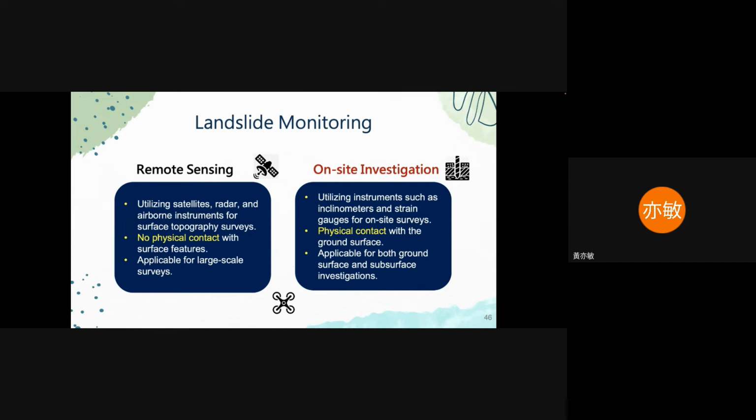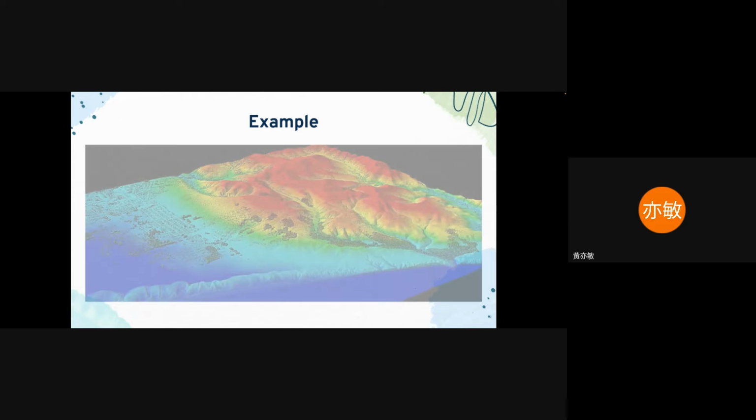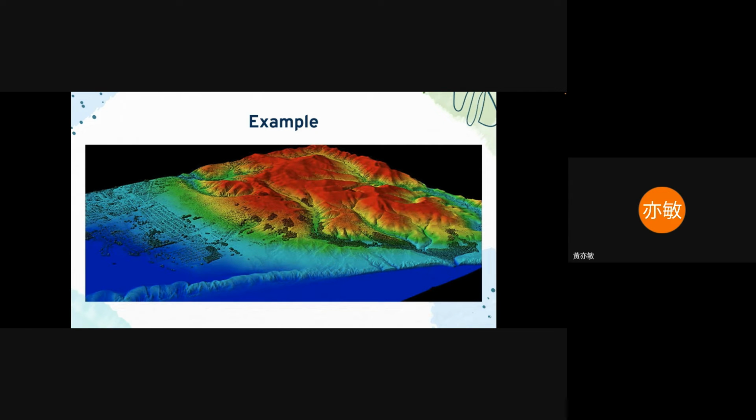That will depend on how detailed the information you want is and the scale of the monitoring you want to do in the next step. So let's take an example. This is just a satellite image. You can take the image like this, and you can emphasize the elevation with different colors.